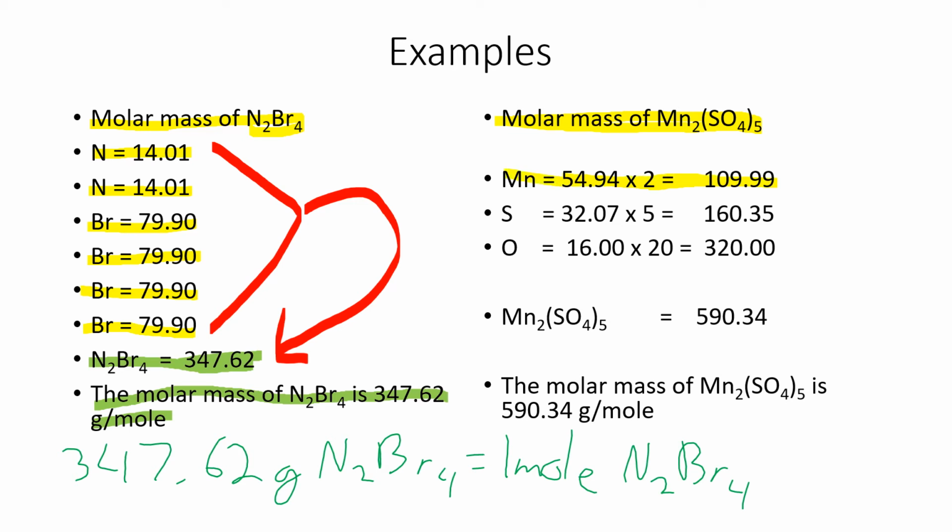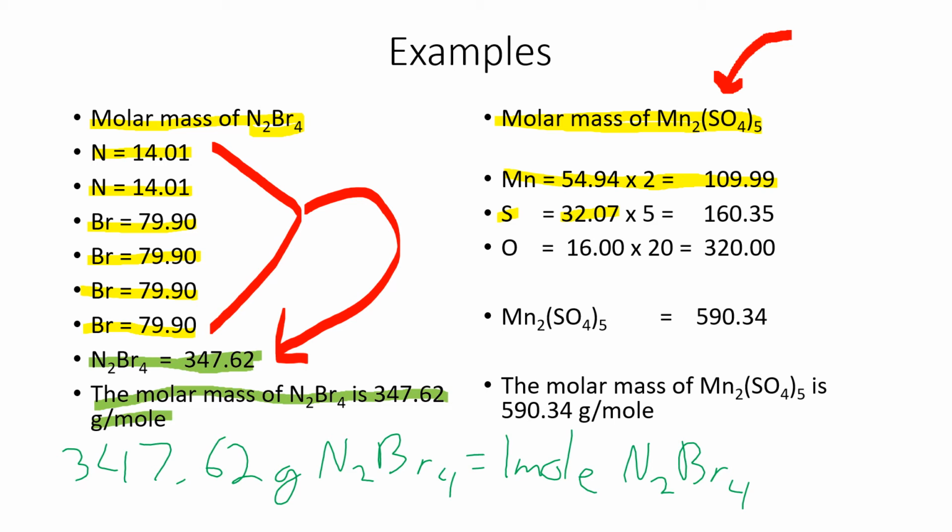Next, we'd look at the sulfur. Sulfur on the periodic table is 32.07. How many sulfurs do we have? Well, remember what the parentheses tell us. The parentheses tell us groupings. So in each group, inside the parentheses, we have 1 sulfur. How many of that group do we have?